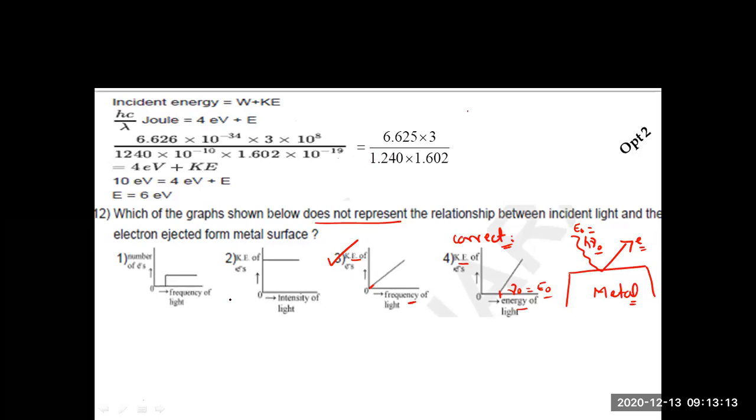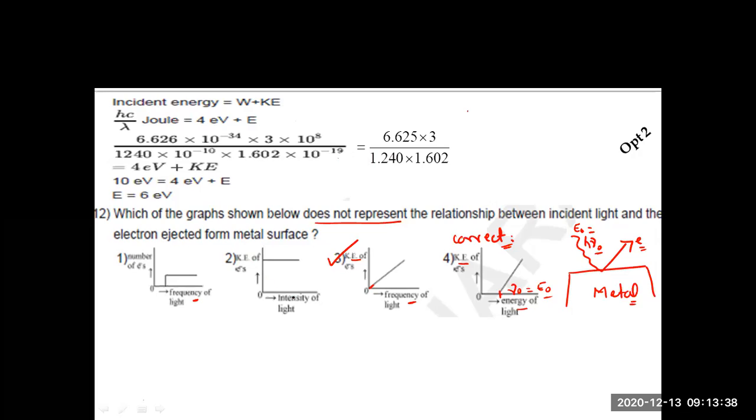And remaining two are correct because number of electrons emitted from the metal surface does not depend on the frequency. That's why it is parallel to x-axis. Number of electrons doesn't increase. Similarly, when intensity of the incident radiation increases, it only increases the number of electrons removed, not the kinetic energy.